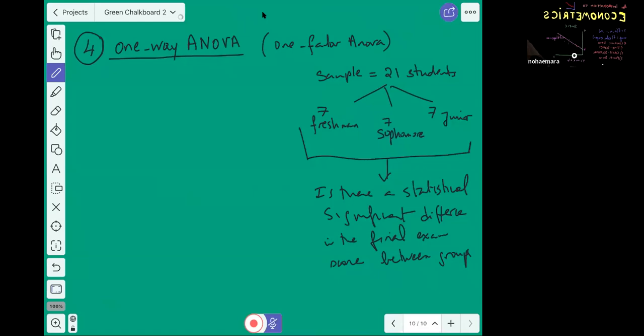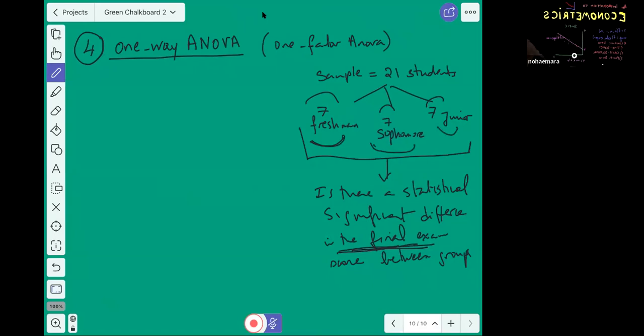So my intention is to look at the variation in the final exam that depends on what level of schooling, or what's the level in college for each and every student. Is there any significant difference in the average of this group versus the average of this group versus the average of this group?